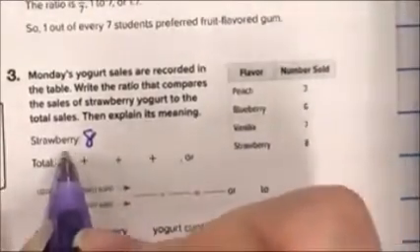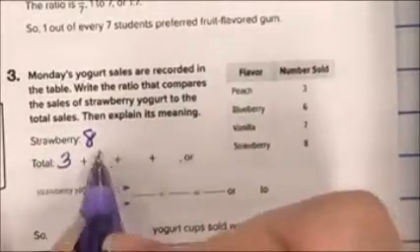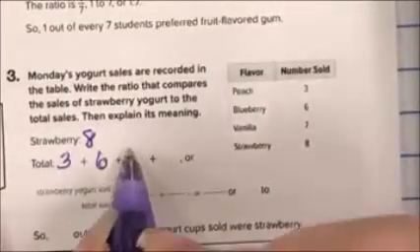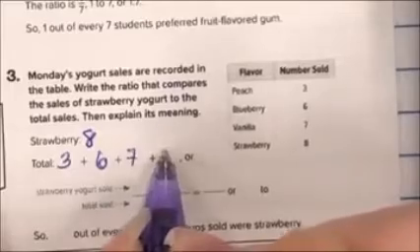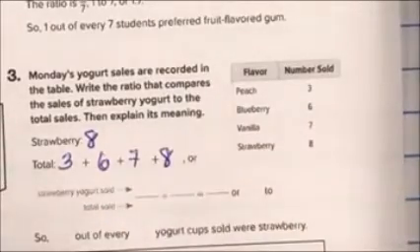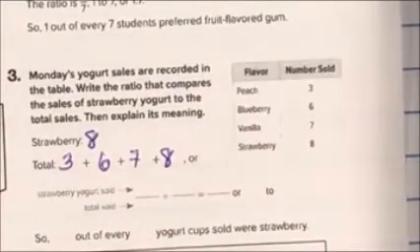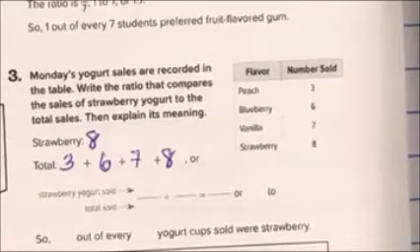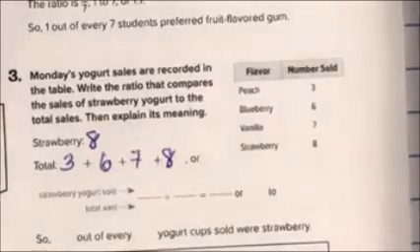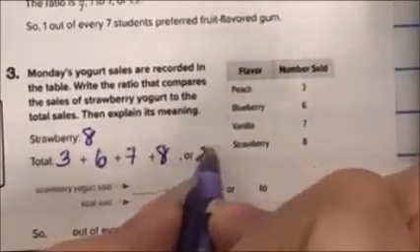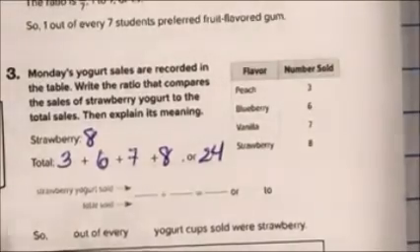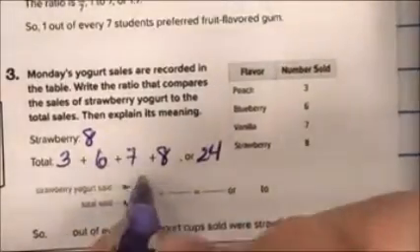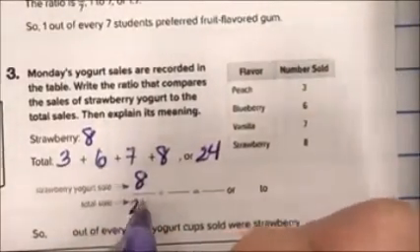Well, I had peach, which was 3, blueberry was 6, vanilla was 7, and strawberry was 8. So I want to add those together. 3 plus 6 is 9, plus 7 is 16, plus 8 is 24. So strawberry yogurt was 8 to 24.